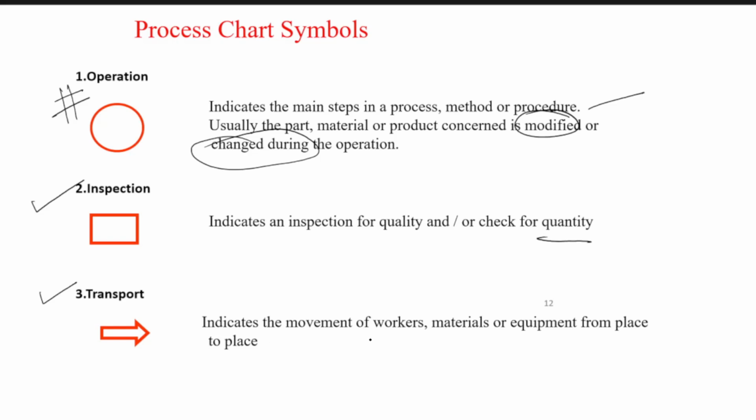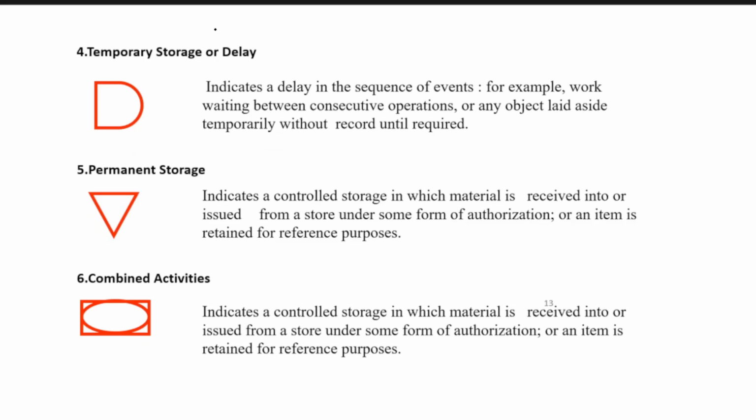Then transport indicates the movement of the worker, material, or equipment from place to place. The right-hand side arrow indicates this transport. Next is the temporary storage or delay.